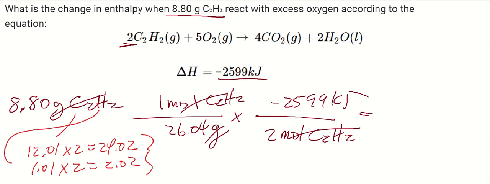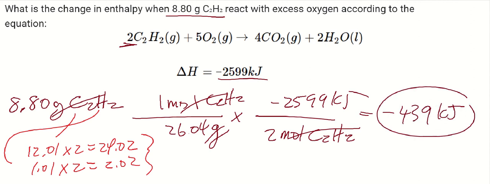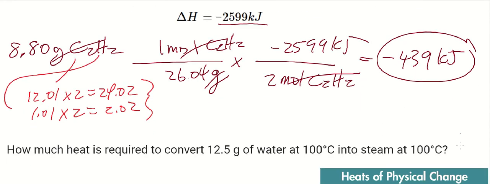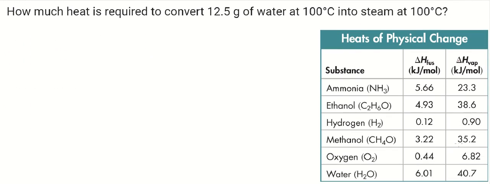Oh, divided by 2. Oh man, I almost forgot that again. So it's going to be negative 439 kilojoules. How many sig figs? 3 sig figs, yeah. So if we start with 8.8 grams of C2H2 acetylene, which we use to blow up our, never mind. Let's just keep going. I think it was our flask or Gatorade bottle in one of our labs.